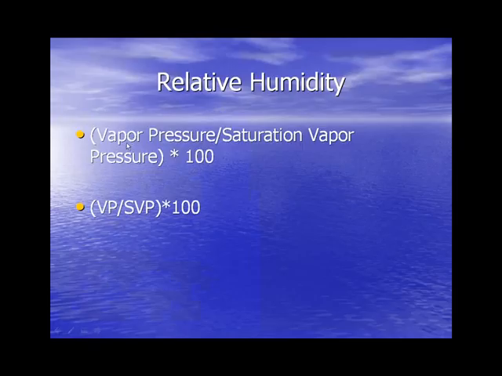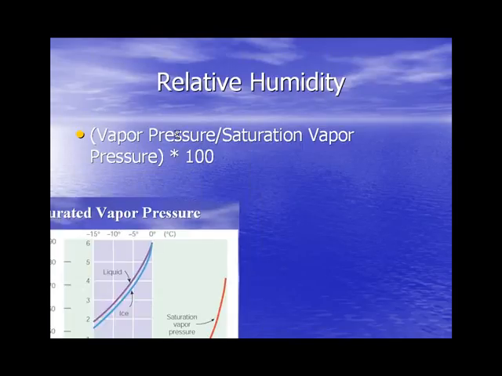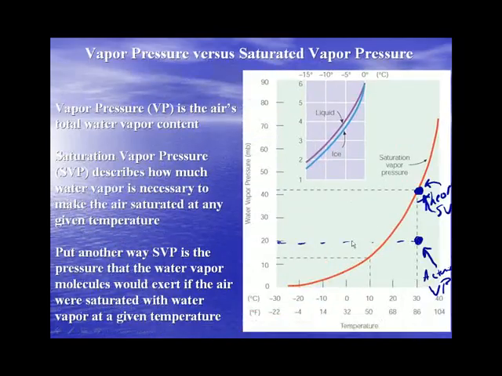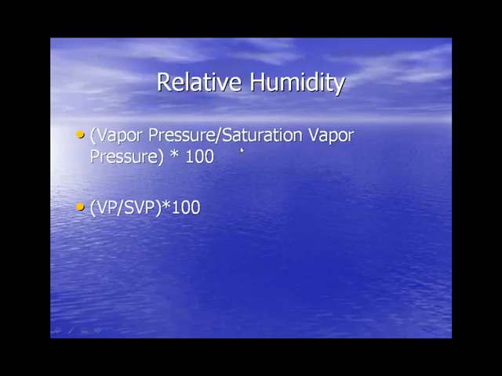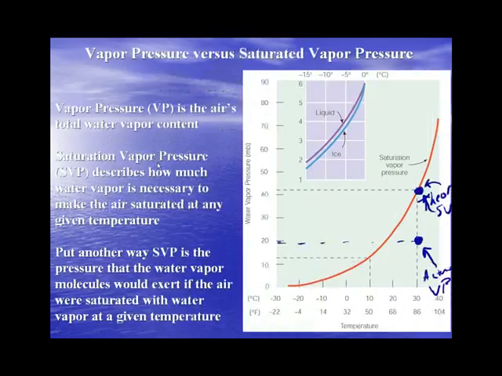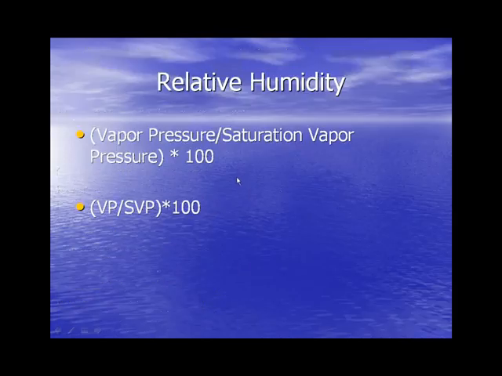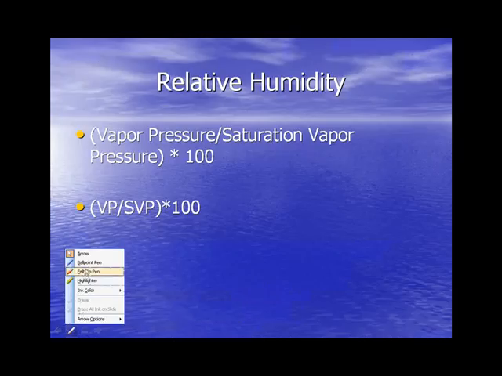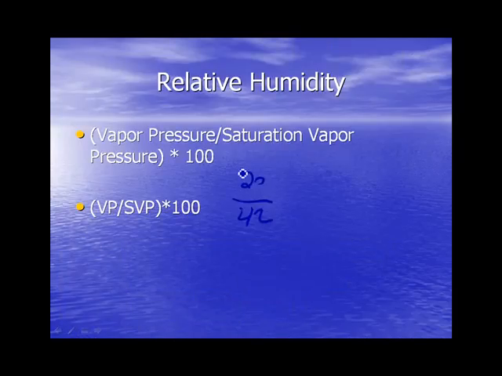So in this particular example, let's say my vapor pressure is 21. Actually, it's about 20. Divided by what it could hold at that temperature, which is about 42. So we've got 20 divided by 42 times 100, which gives us approximately 48-49% relative humidity.